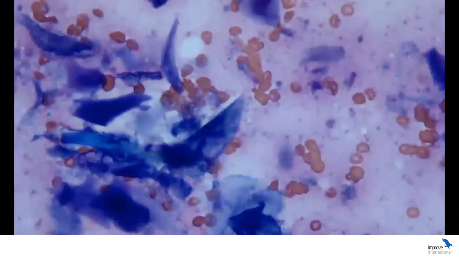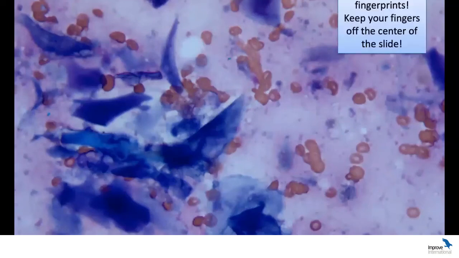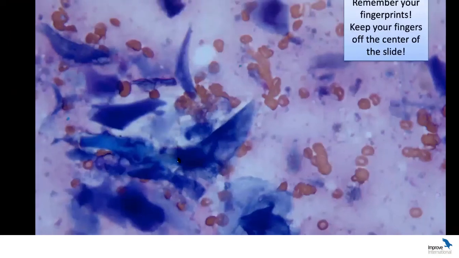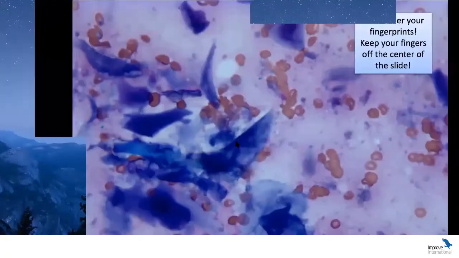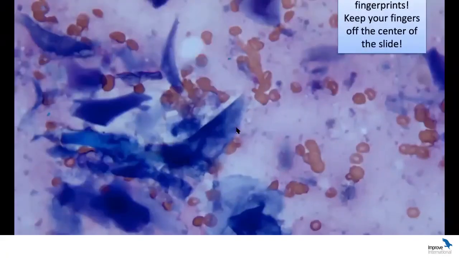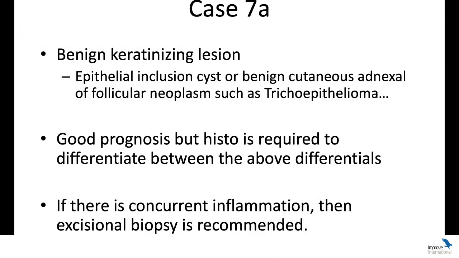And they are characteristic of a benign keratinizing lesion. Now remember your fingerprints, because a fingerprint will look exactly like this, because it's just the squamous epithelials from your fingers. So make sure you keep your fingers off the center of the slide, because it will mimic exactly this.